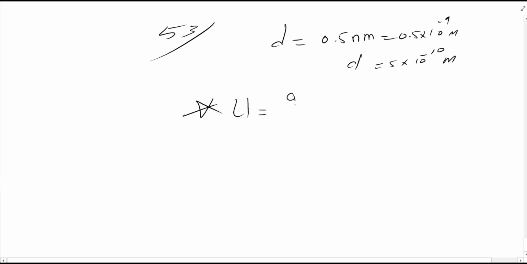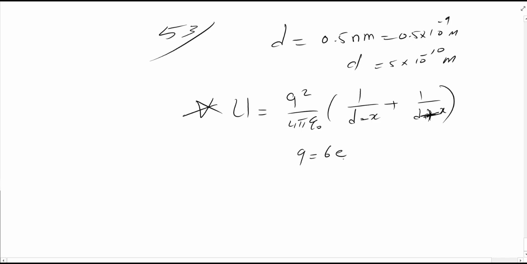Okay, it has Q squared divided by 4 pi epsilon naught, not to confuse it with the electrical potential in this case, times 1 over d minus x plus 1 over d plus x. So this is basically how we're writing this energy. Okay, and Q is 6 times the charge of the electron.